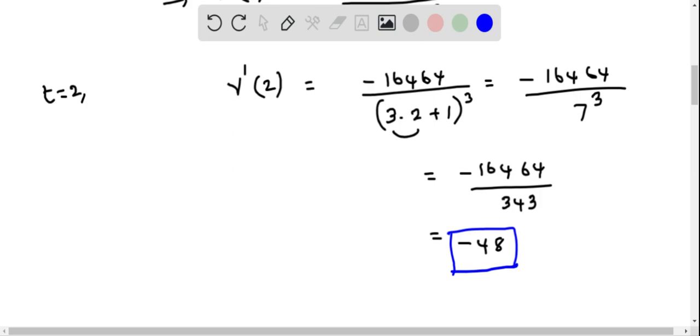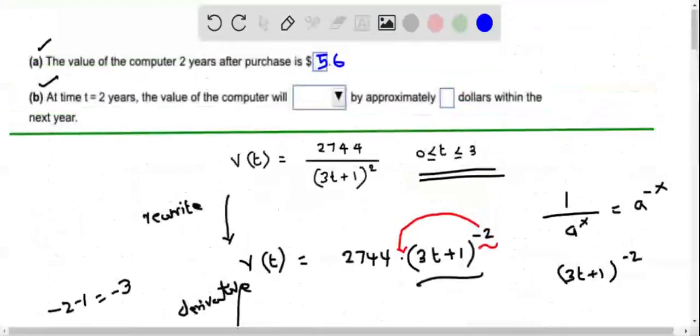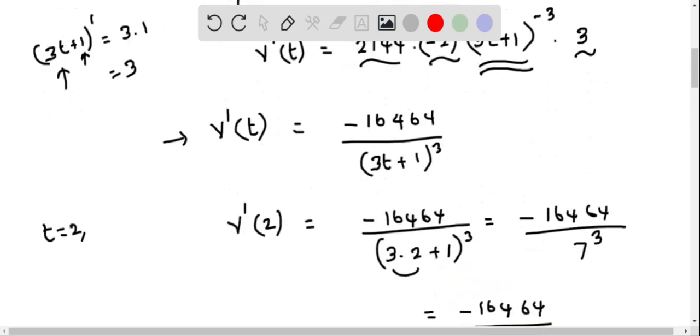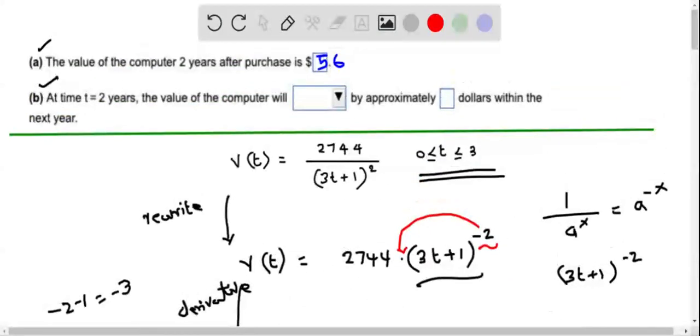And this indicates that the value of the computer will decrease because we have a negative quantity. Since we see a negative quantity, we say that the value of the computer will decrease. So I'm going to write decrease by approximately $48 within the next year.